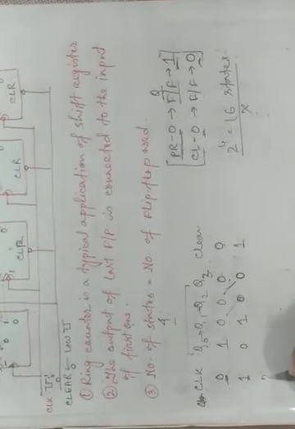Seventh clock pulse, Q3 goes to Q0, Q0 goes to Q1, Q1 goes to Q2, Q2 goes to Q3. And for the 8th clock pulse, 1 goes here, it goes there, 0, 0.